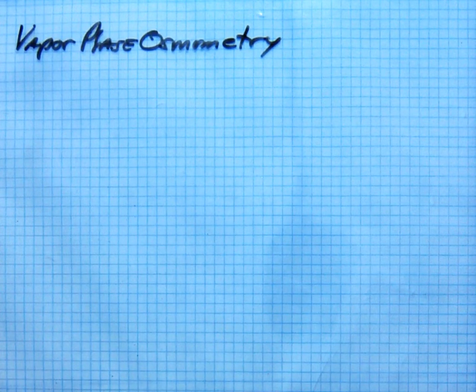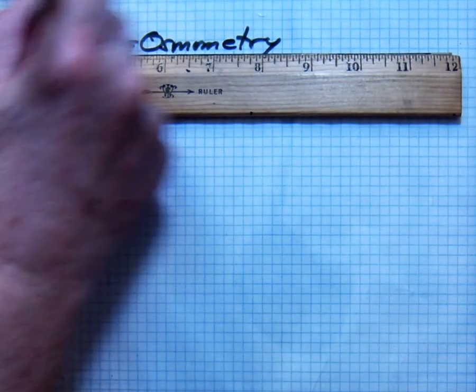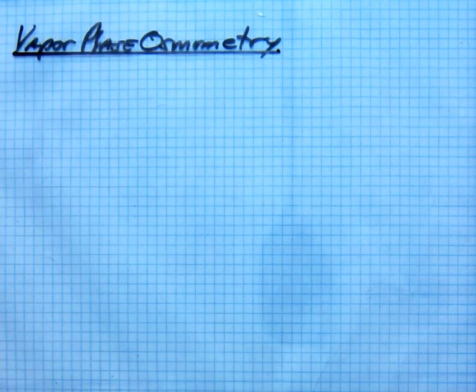Now, vapor phase osmometry, again, is used to determine molecular weights, what we call intermediate size molecules of polymers.